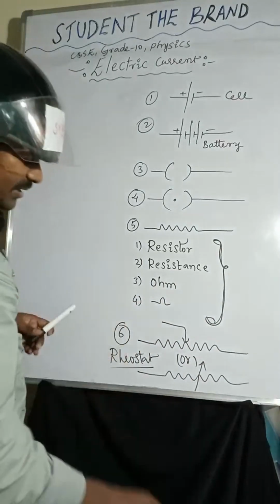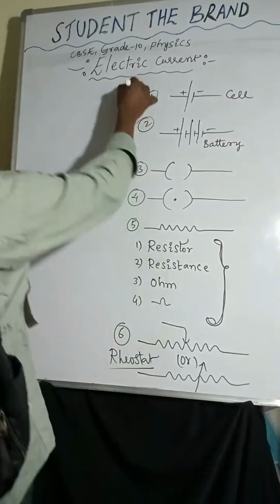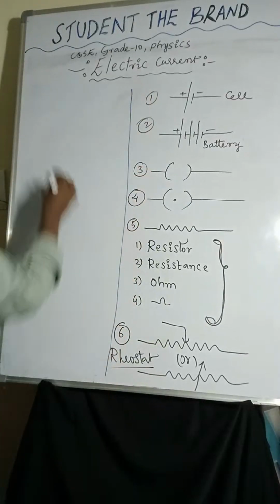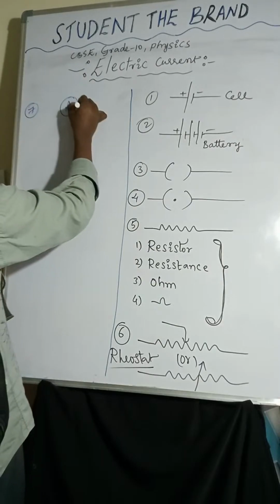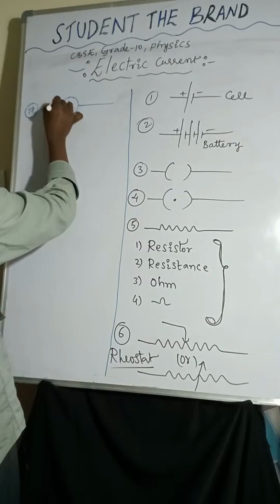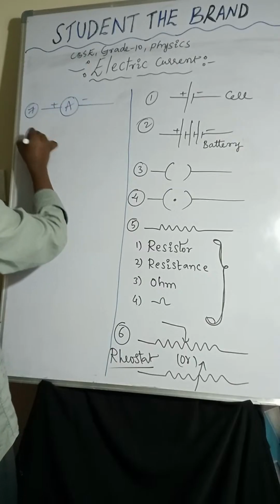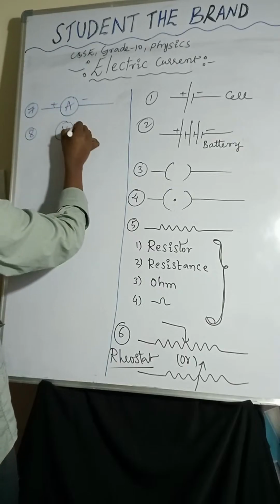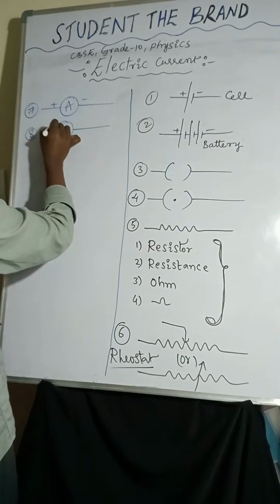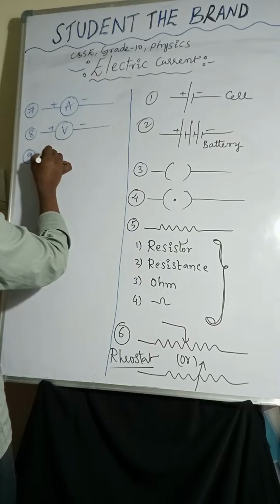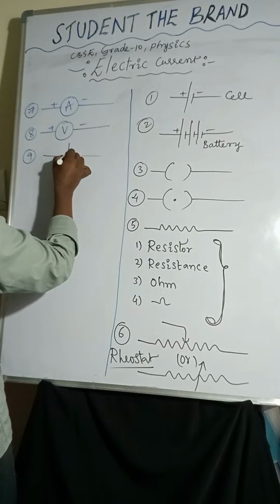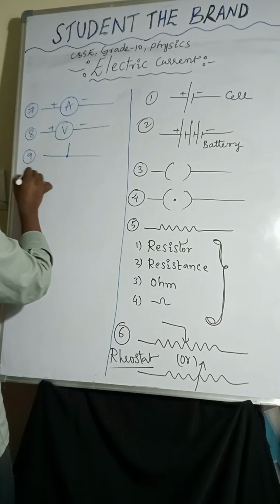Next one, ammeter. Seventh one, ammeter, with positive terminal and negative terminal. Eighth one, voltmeter. Ninth one, wire joining. 10th one, wire crossing.